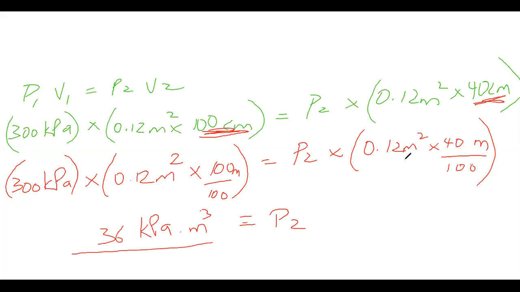So you're going to have 0.12 multiplied by 40 divided by 100. You should get 0.0048 meter cube. The two meter cubes cancel. So your unit should be 36 kilopascal divided by 0.0048.